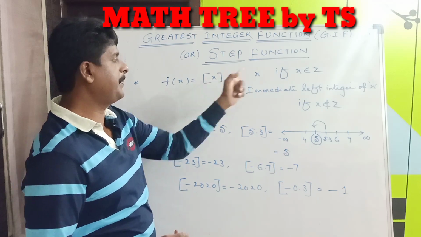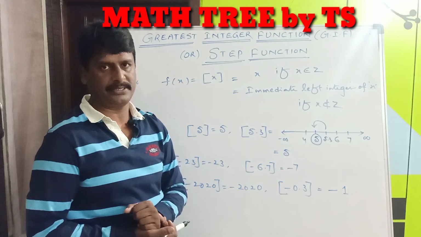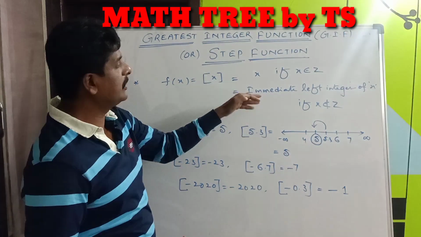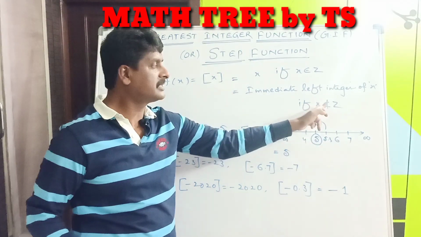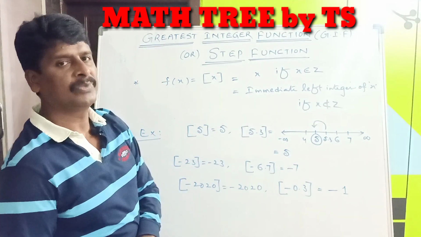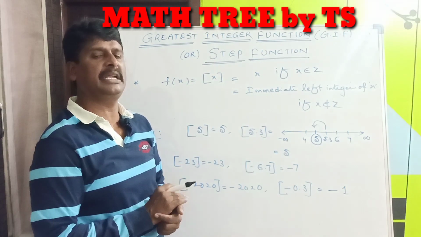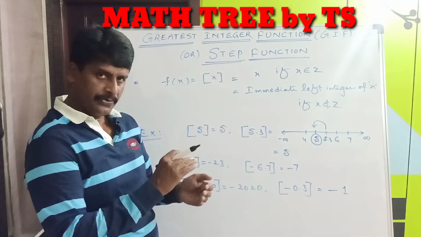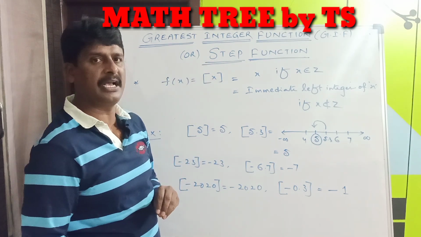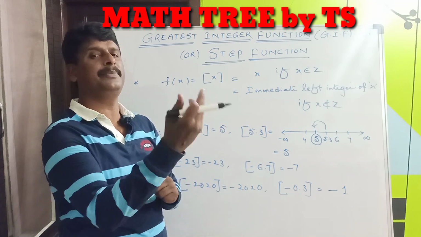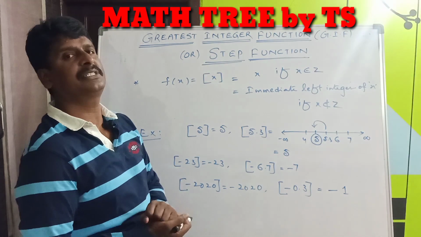That is, step x is equal to x as it is if x is an integer. Step x is equal to the immediate left integer of x if x does not belong to Z. Whichever integer we have considered in the step bracket will come out as it is. If it is other than an integer, on the real line its immediate left integer we have to consider. That is the definition of step x.